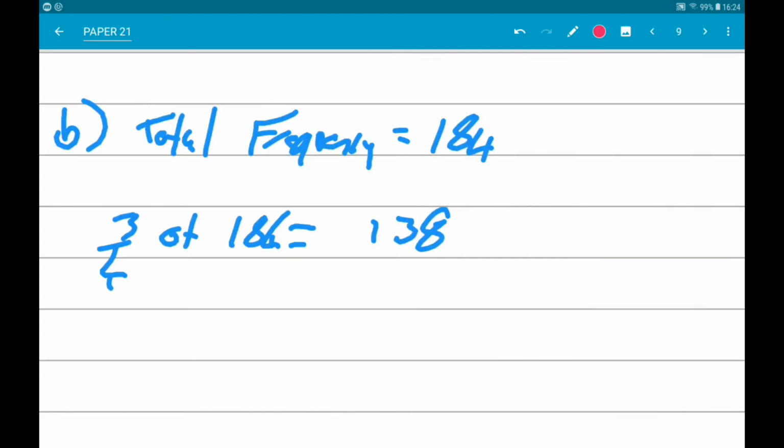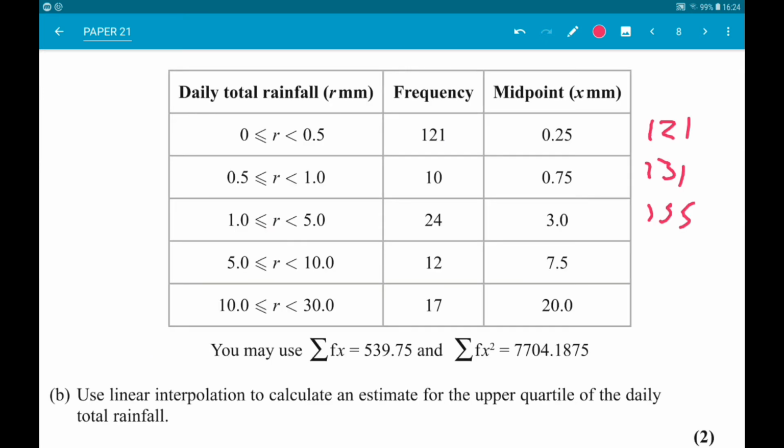So, the upper quartile is 1, add, now then, up to and including the second interval, we have 131 days. So, we need to go 7 days into the third interval.